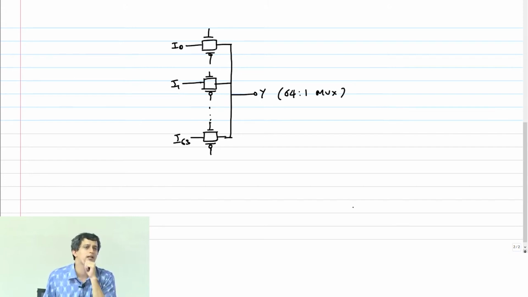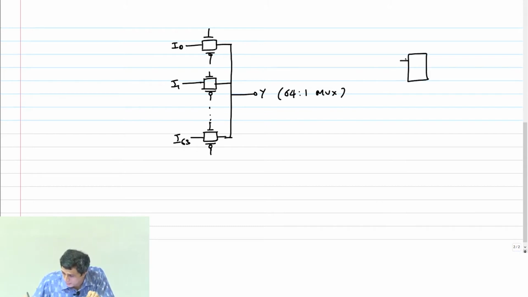Now, what are the select lines for this? So I need a decoder, which is going to decode a 6:64 circuit. Correct? So I put a decoder which gives me the following. Select lines S0, S1, up to S5, and what I get here are my decoder signals D0, D1, up to D63.